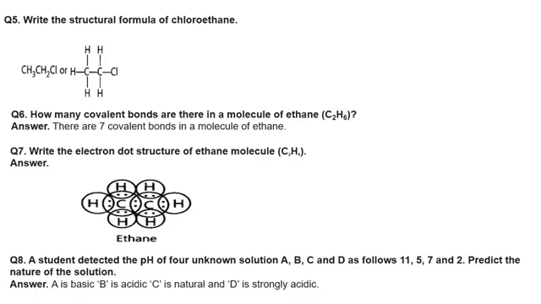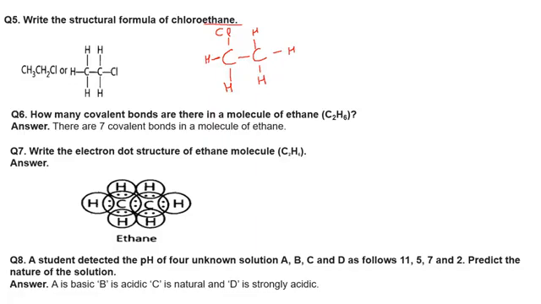Whenever you have to write the structural formula, look at the parent chain. This is ethane. So first make the structure of ethane, and because it is chloroethane, one valency of carbon is satisfied with chlorine and the rest of the valencies are satisfied with hydrogen. Done. This is the structural formula of chloroethane.